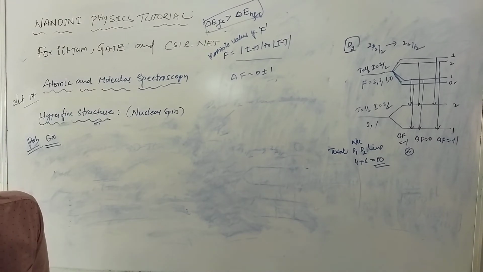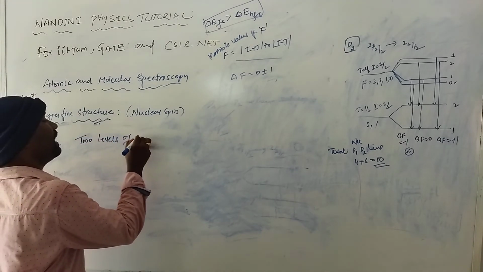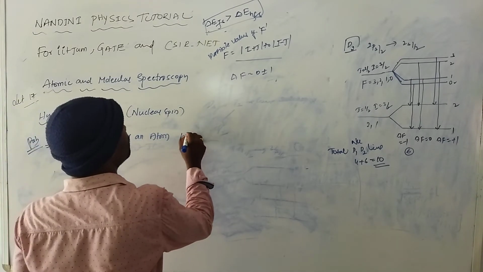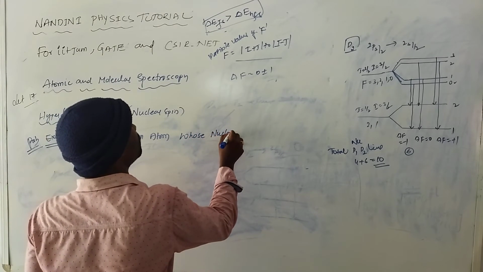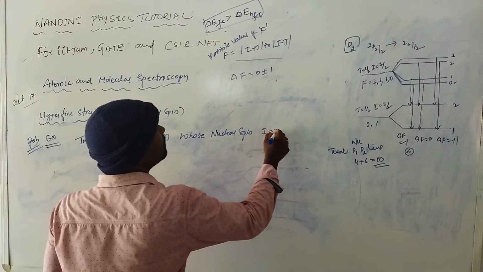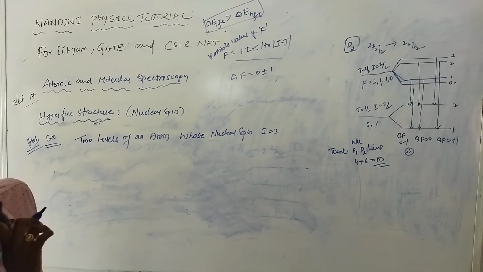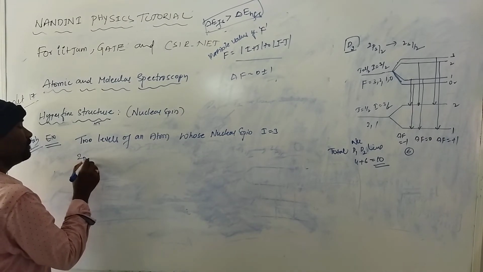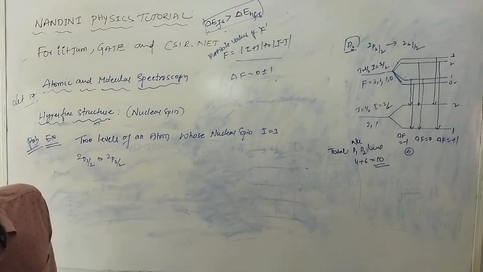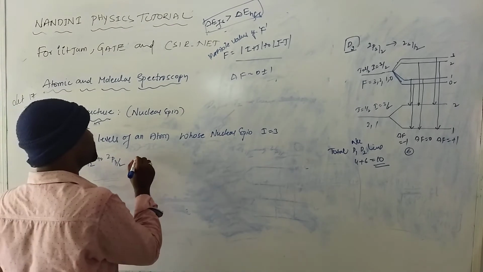Two levels of an atom whose nuclear spin I is equal to 3, and the transition 2D 3/2 to 2P 3/2, 2D 3/2 to 2P 3/2, okay, 3P 1/2, sorry, 3P 1/2. Find the number of hyperfine lines.